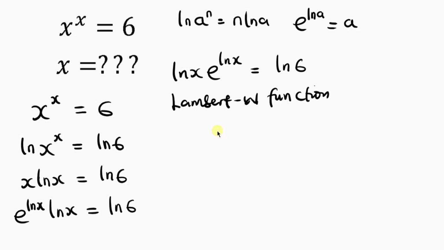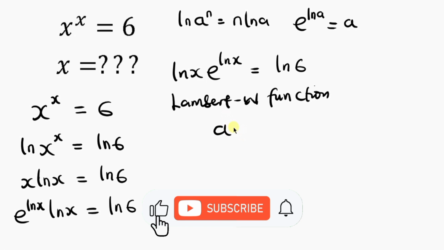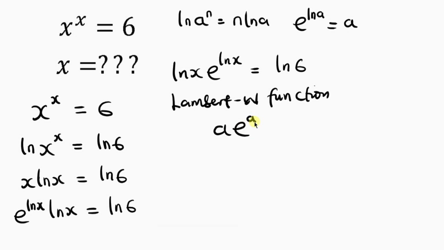Whenever I have a value, let's say a, multiplying an exponential function of a, I can apply the Lambert W function to this kind of expression as long as what I have here is the same as what I have here. So when I apply the Lambert W function to what I have here, what am I going to get? I'm going to get a value a. Are you seeing that? Very good.